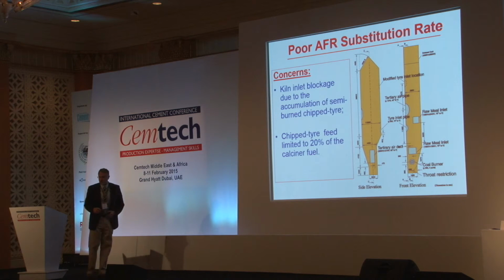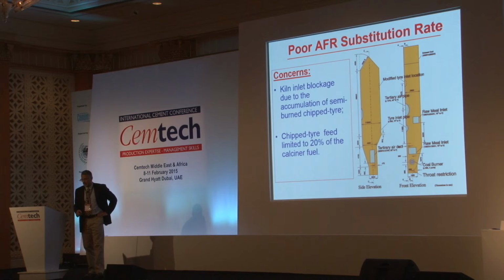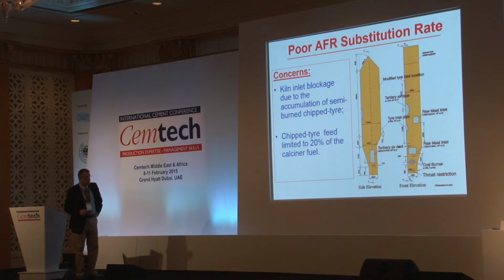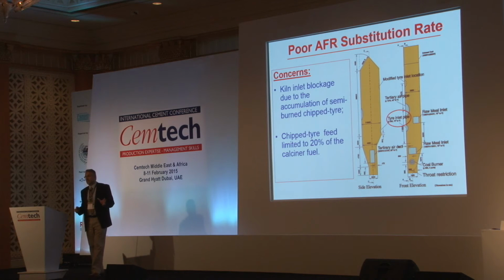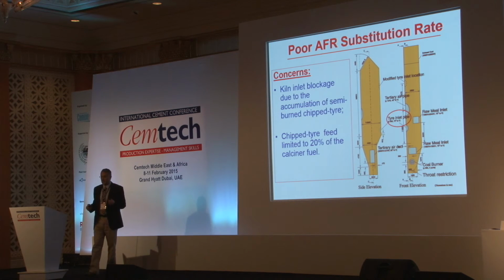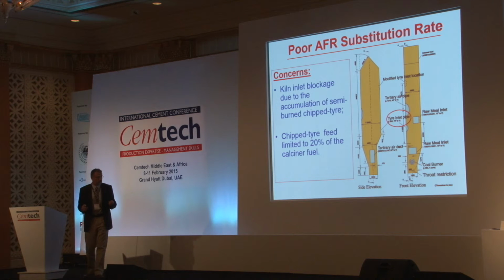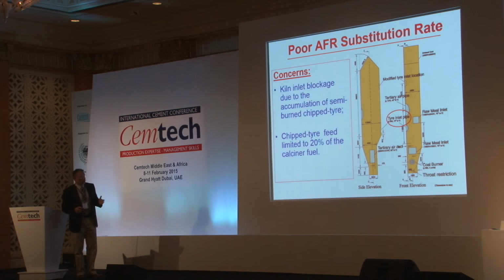That's the Portland plant, a Holcim plant, and they were firing chip tires, and that's the area where the chip tires were fired. It's very important to note these calciners are designed for micro-sized particles and not for the 2-inch by 2-inch typical chip sizes of the tires.